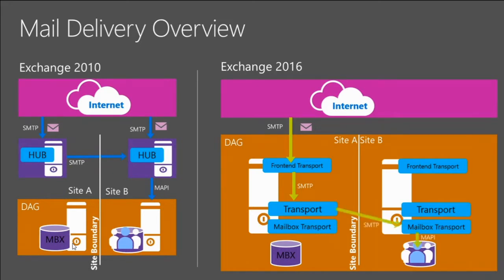So it will go cross-machine from transport to mailbox transport, not directly to the store via MAPI. It will go SMTP from transport to mailbox transport, and finally mailbox transport will talk MAPI locally. So you can see the big difference is MAPI is local and all cross-machine traffic is SMTP. We'll be doing more of the routing on 2016 a little bit later.